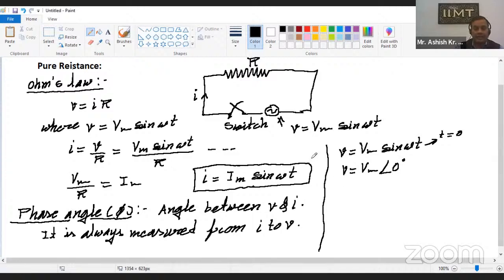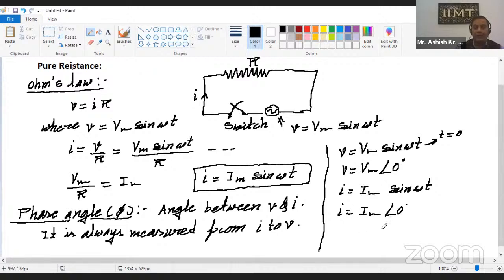For current, the expression is Im sine omega t, the magnitude of current is Im, and the angle is again 0.